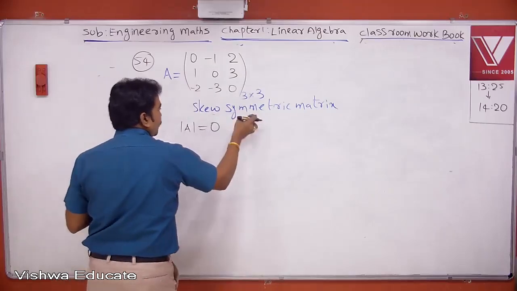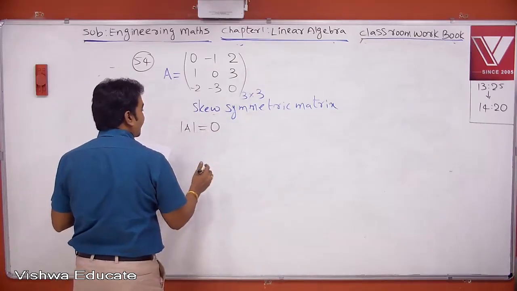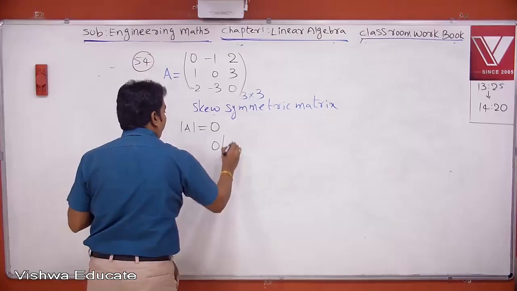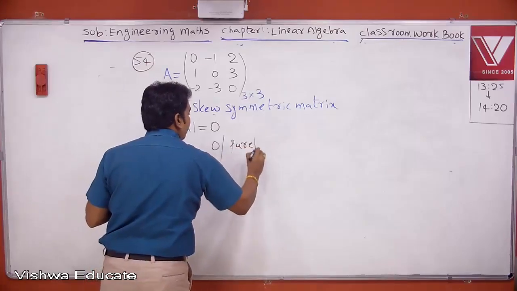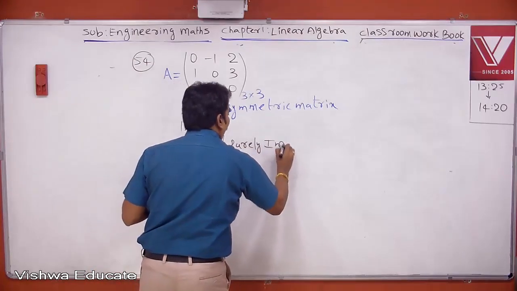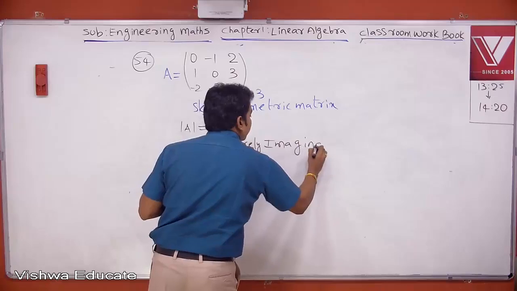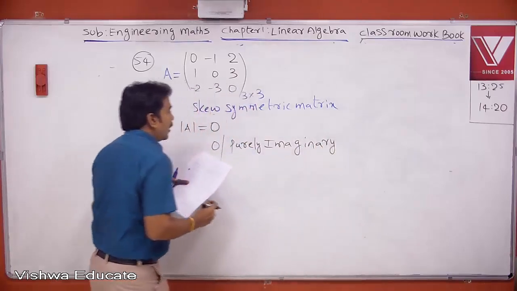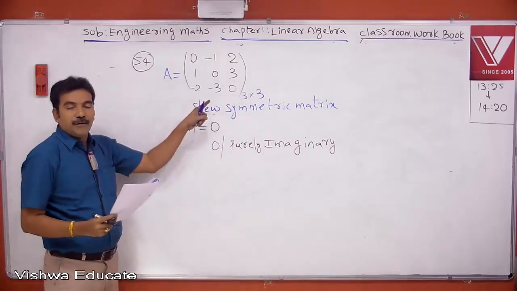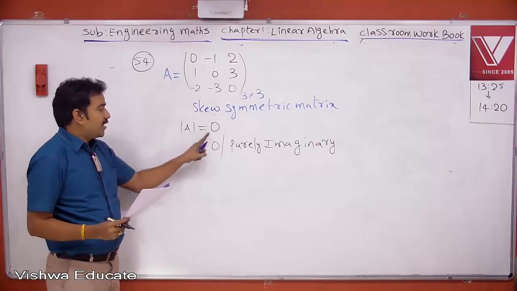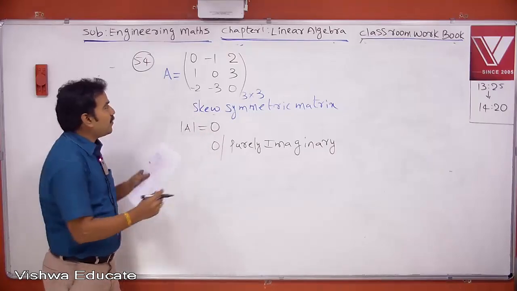And of course, this is a real skew symmetric matrix, so all eigenvalues are either 0 or purely imaginary. Now look at this. Its det is 0, so at least one eigenvalue will be 0.